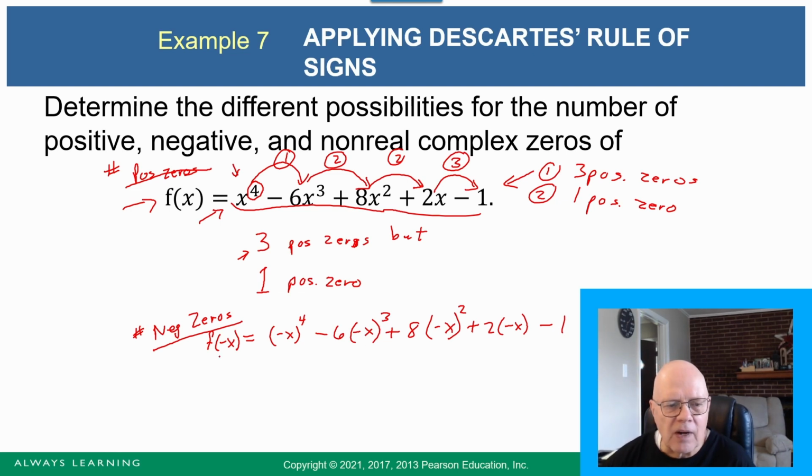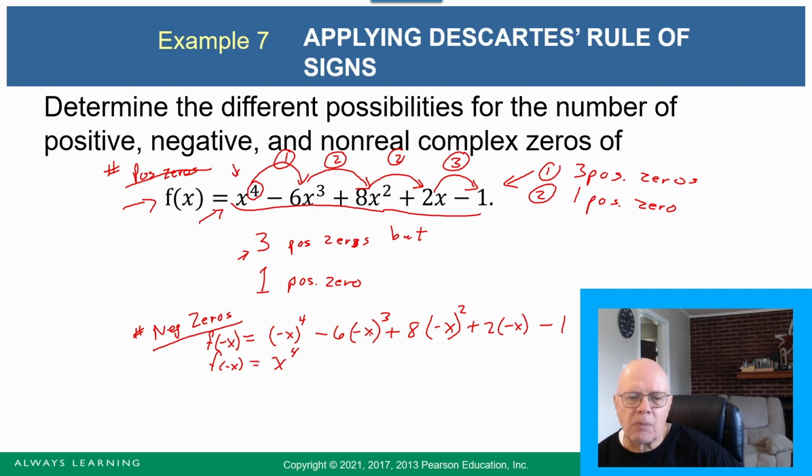Now let's see what we've got for f of minus x. First of all, on this one, we've got x to the 4th. Now on this one, you cube the minus x, that's minus x cubed, but you're taking that times a minus 6, so you have positive 6x cubed.